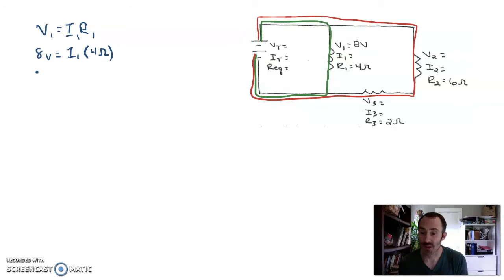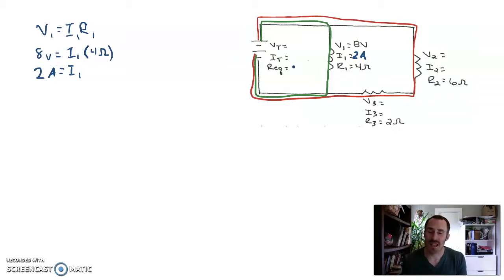And so when we divide by 4, we get 2 amps is current number 1. Now I'm going to put that directly in here so that I don't lose track of that piece of information. So now I know that I1 is 2 amps.